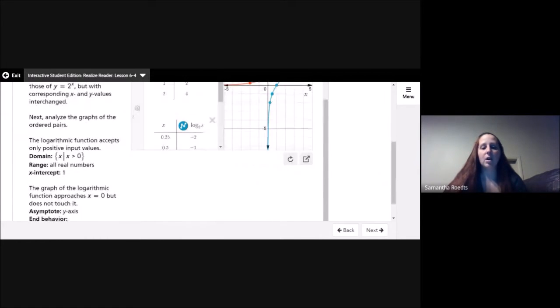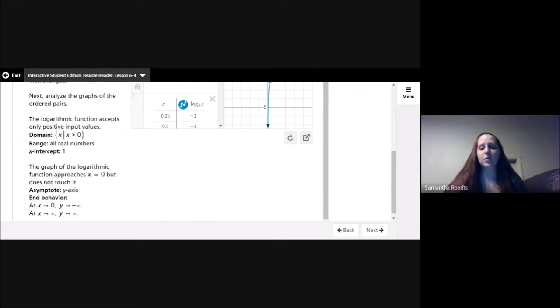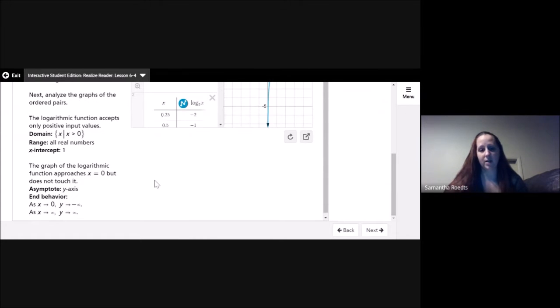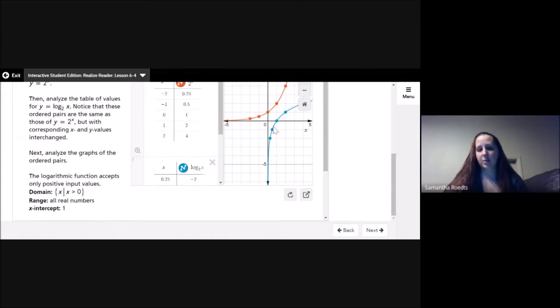The graph of the logarithmic function approaches x equals 0 but does not touch it. So there's an asymptote at the y-axis. And its end behavior, as x approaches 0, y approaches negative infinity. And as x approaches infinity, y approaches infinity. Okay? So as x approaches 0, y approaches negative infinity, and as x approaches infinity, y also approaches infinity.